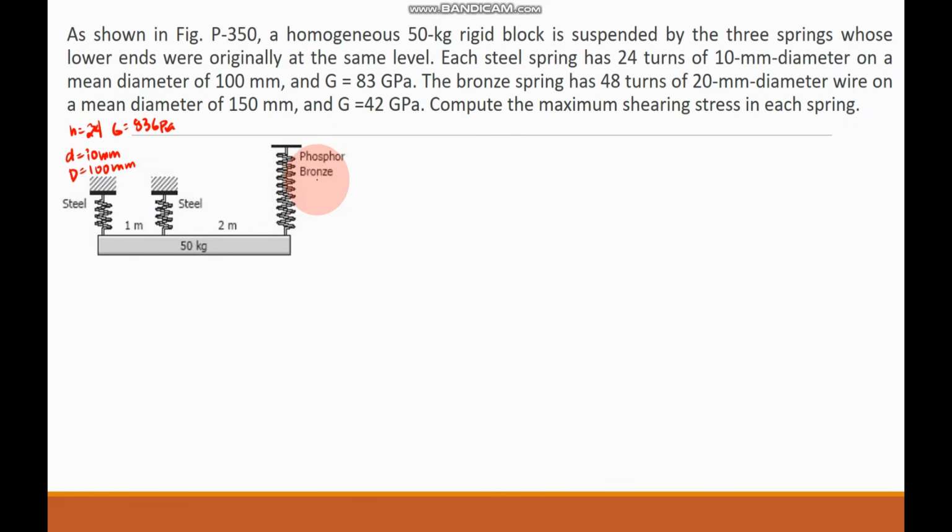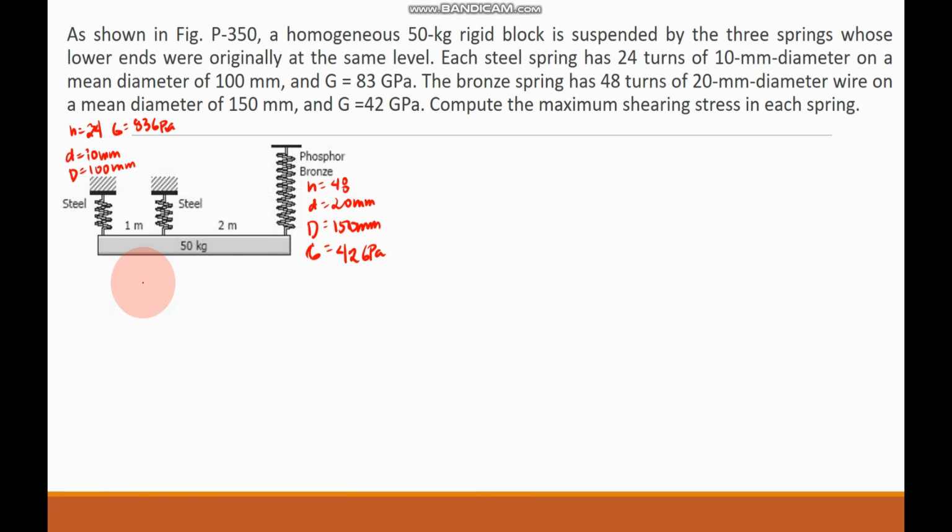And then for bronze, N is equal to 48, D is 20 mm, and then the mean diameter is equal to 150 mm. G is equal to 42 gigapascal. We will compute the maximum shearing stress in each spring.